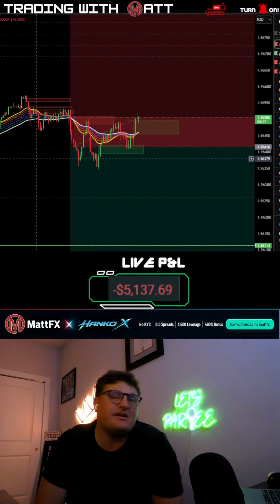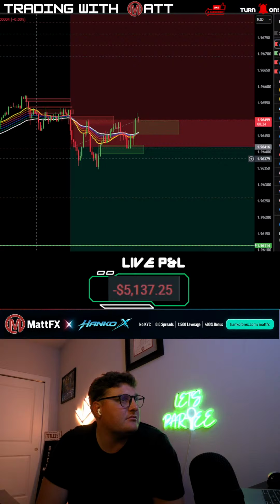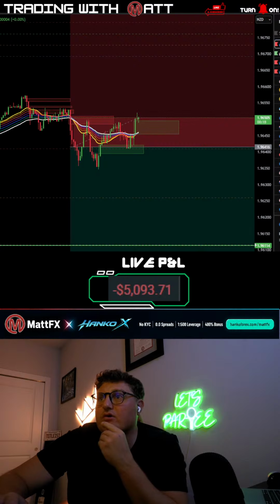Relatively slow. We still got the volume though. Volume's there. Going into this new 4-hour candle here at 9 o'clock, we're going to get some serious movement.